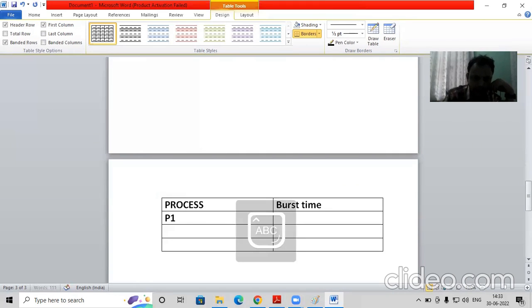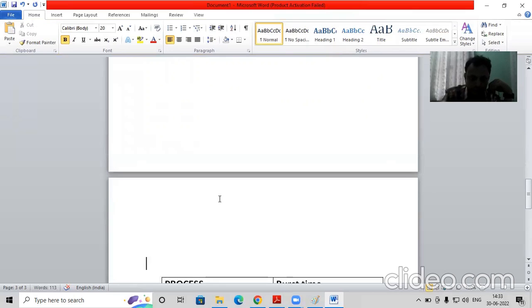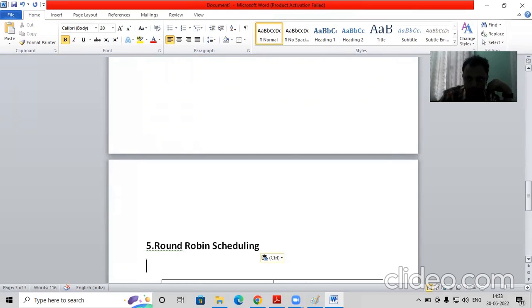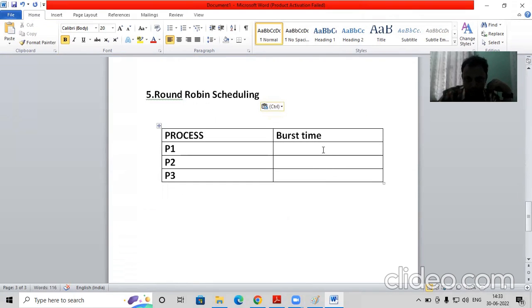In this example I am taking three processes, P1, P2, P3. The burst time for P1 is 10, for P2 it is 3 milliseconds, and for P3 it is 3 milliseconds.